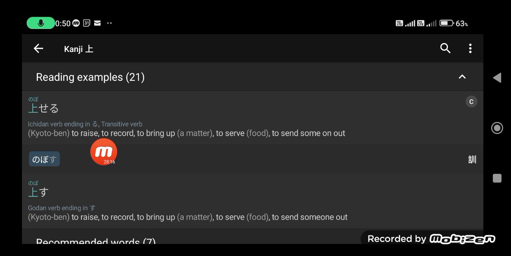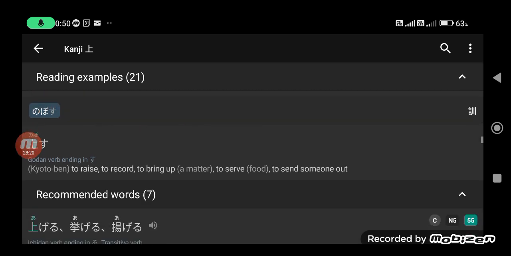Means to raise, to record, to bring up a matter, or to serve food. Nobosu, the okurigana is su, so the separation point is between the bo and su. Nobosu is also a Kyoto ben, meaning to raise, to record, to bring up.